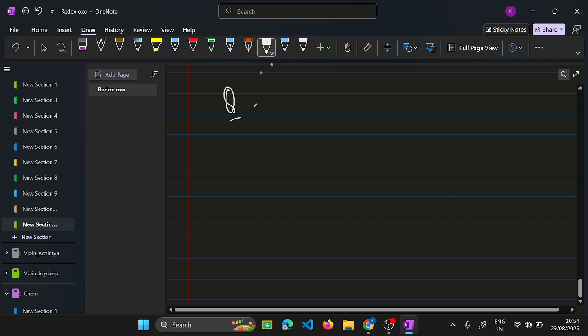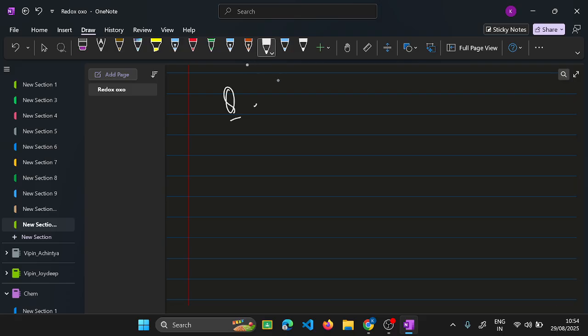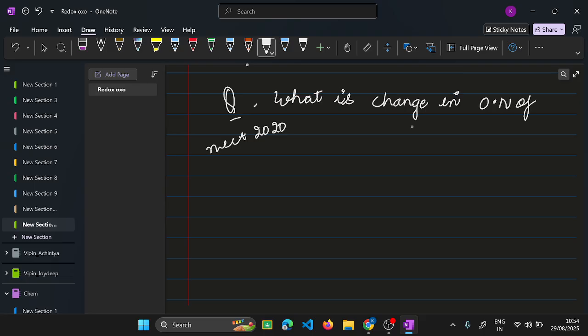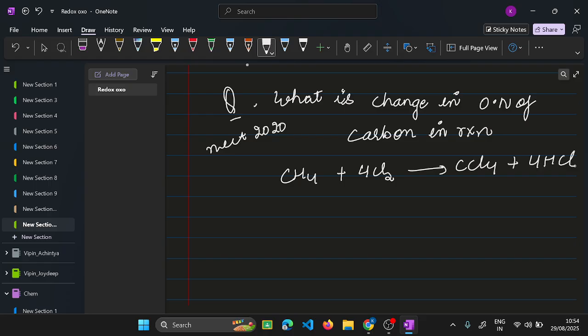Question is, this is also NEET 2022. What is the change in oxidation number of carbon in the reaction? I'm writing the reaction. CH4 plus 4Cl2 gives CCl4 plus 4HCl.